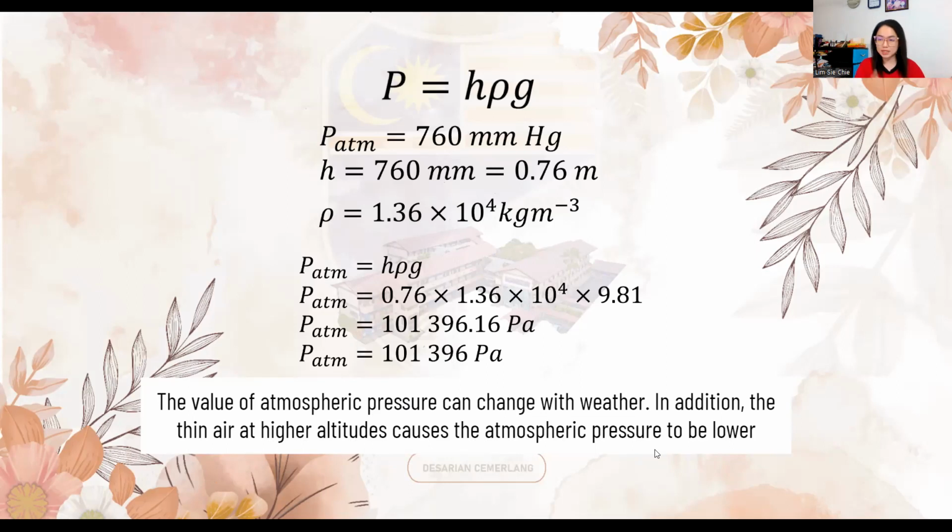If you have experience going mountain climbing, you will find that the air at higher altitude is actually thinner. Why? Because most of the air is on the surface of the earth. So the higher the altitude you go, the thinner the air. Due to the thinner air, the atmospheric pressure will become lower.